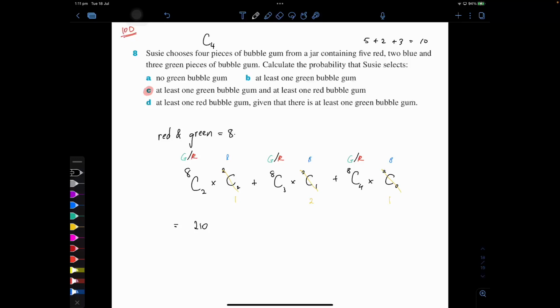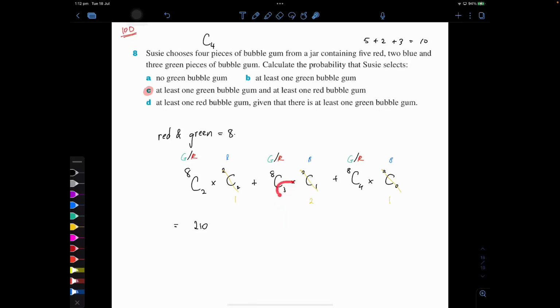No. It gives the total outcomes. Well, let's look at the logic here. Calculate the probability, not the outcomes. When you choose 3 here, it doesn't specify which you're choosing. You could choose 3 greens and no reds.